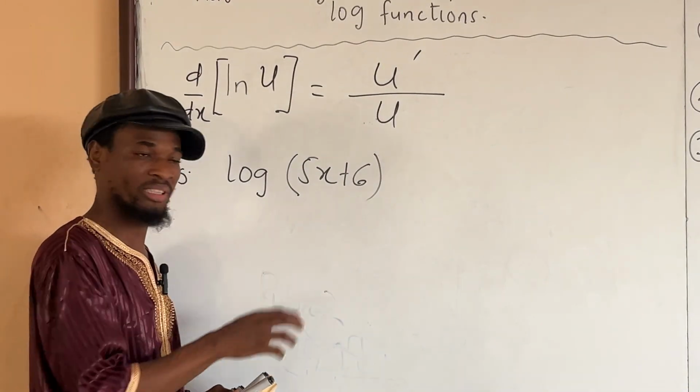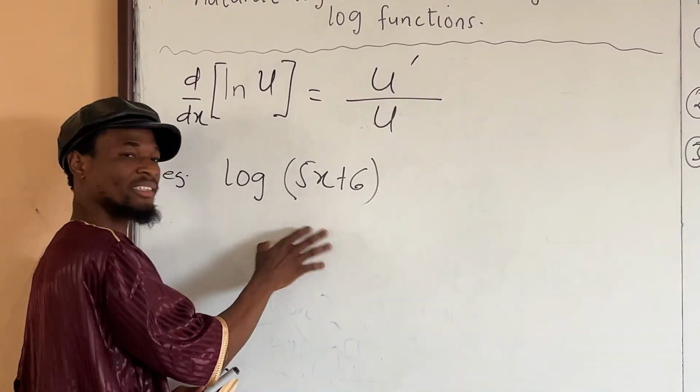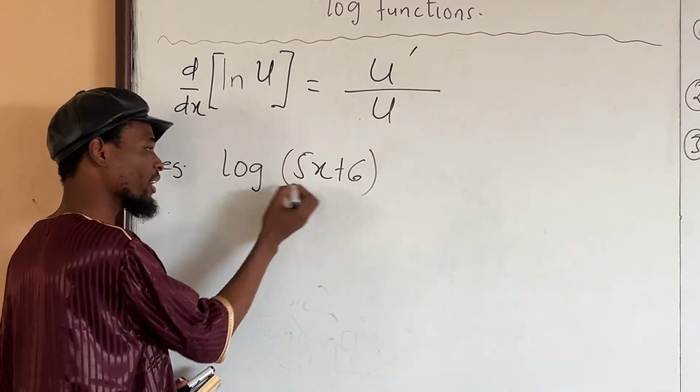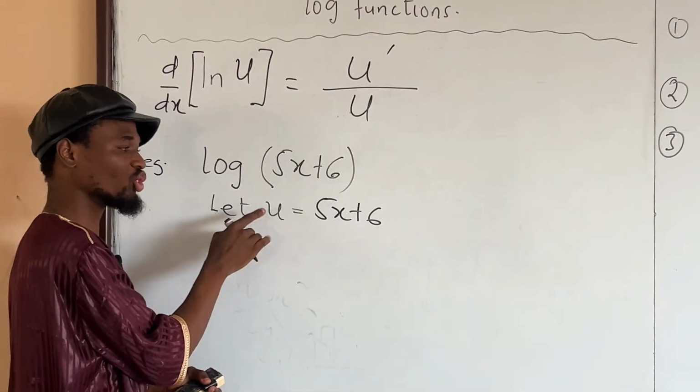For recap purposes, what is the normal way of doing this? We say, let's differentiate u with respect to x.